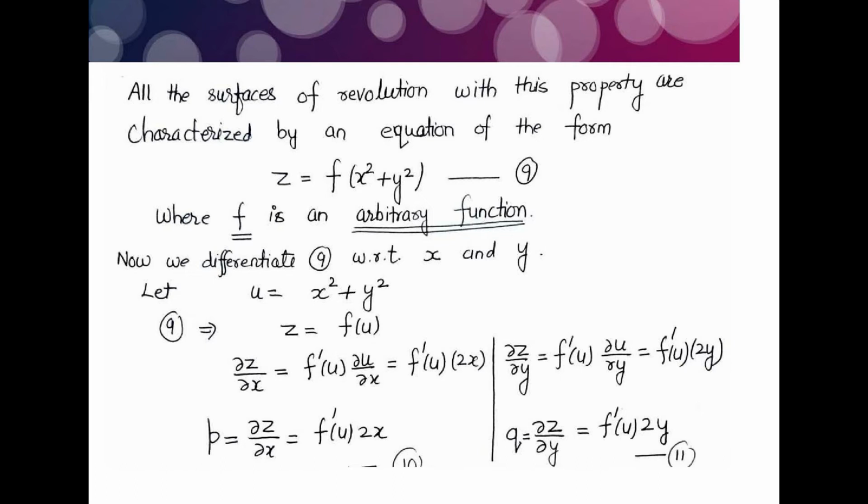Now again start from z equal to f of u and differentiate both sides with respect to y. We have the derivative of z with respect to y is f dash u times the derivative of u with respect to y, and the derivative of u with respect to y is 2y. Finally we have equation number 11, q equal to f dash u times 2y.